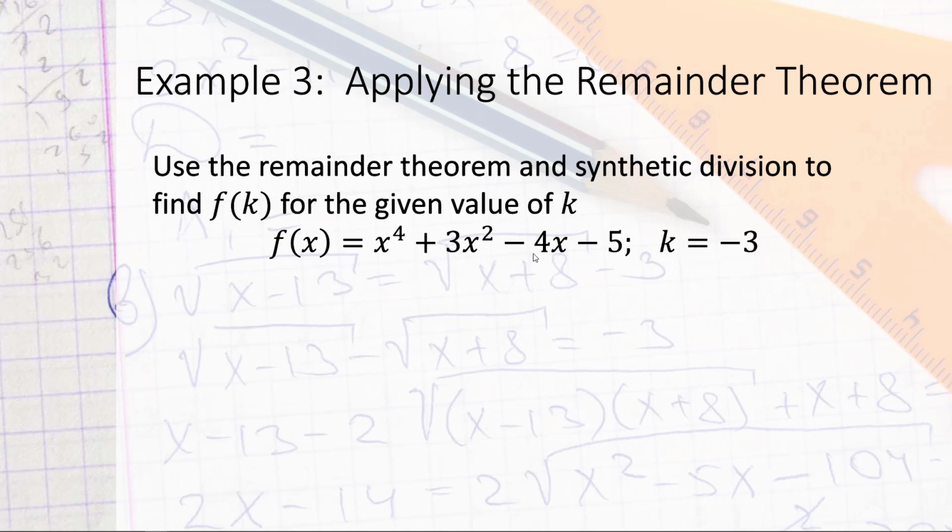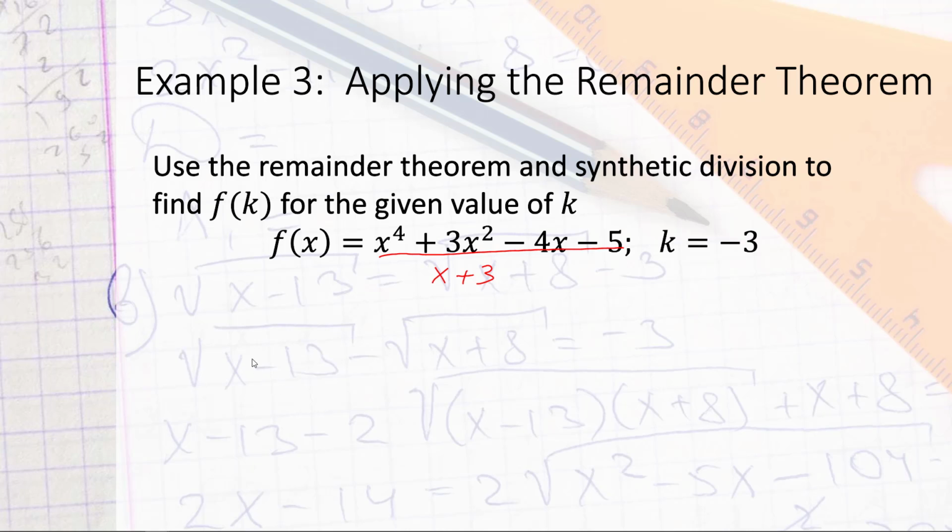Let's use the remainder theorem to evaluate this polynomial when k is equal to negative 3. So we want to divide this by x minus k, which in this case will be x minus negative 3, or x plus 3, and see what the remainder is.